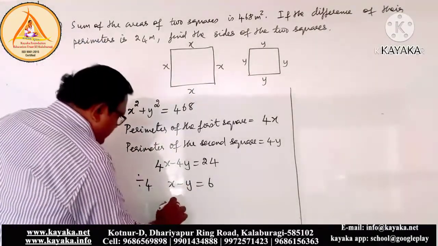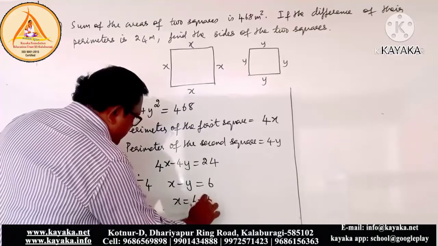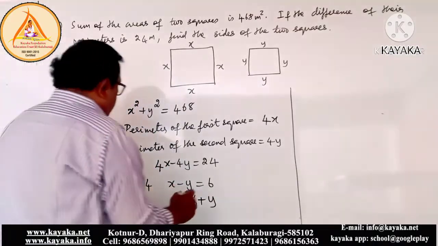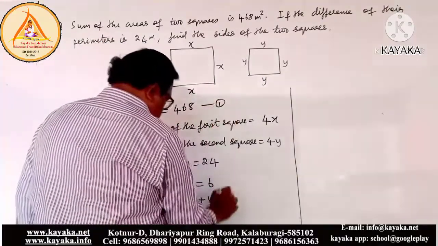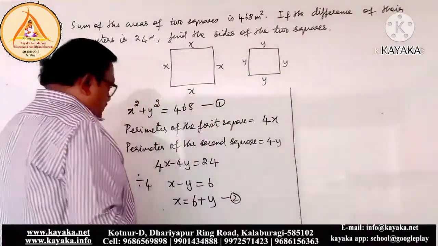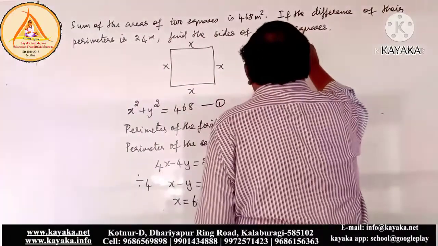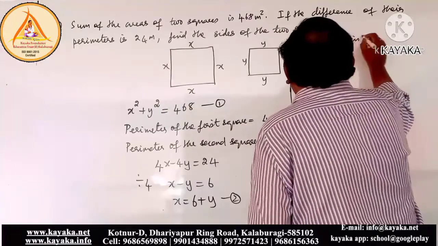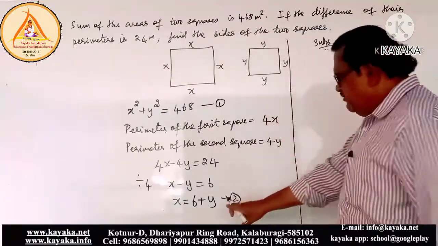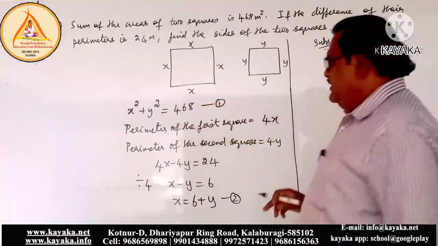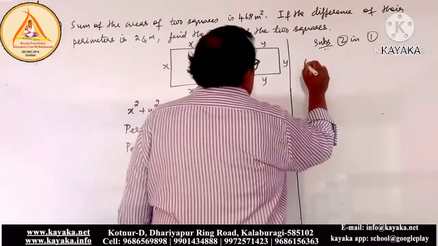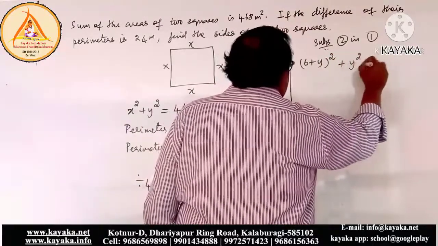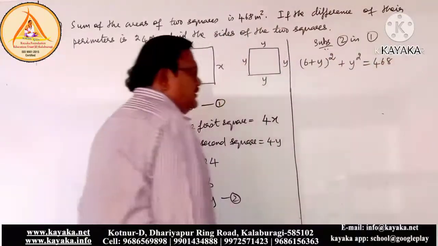Now, from this equation, we get x is equal to 6 plus y. Minus y comes to the other side, it becomes plus y. Therefore, you can mark this as 1 and this as 2. Now, substituting this value of x from 2 in 1, you will get 6 plus y, the whole square, plus y square equal to 468.